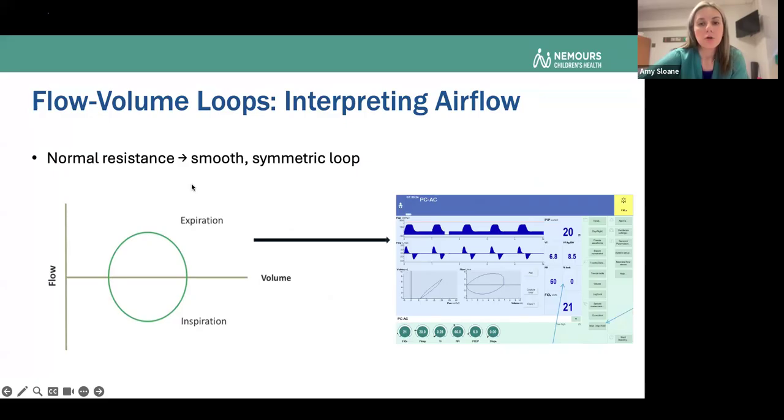The expiration loop is above the x-axis and the inspiration loop is below the x-axis. If the expiration is unimpeded, it should closely mirror the inspiration and be seen as a relatively symmetric, circular loop. But when disease states exist, the curves are going to be altered, like I'm going to show you.